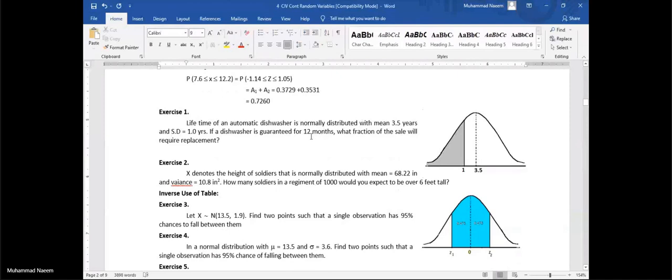Where is the point of decision? 12 months means 1 year. If the device is under the warranty period, the claim will be accepted.